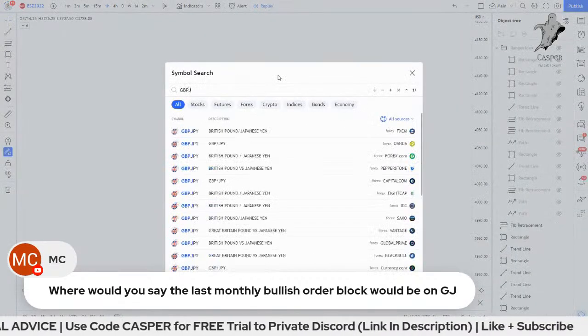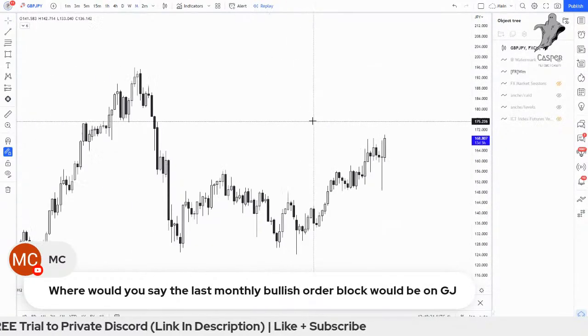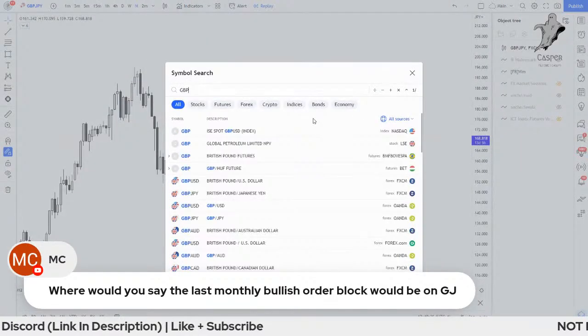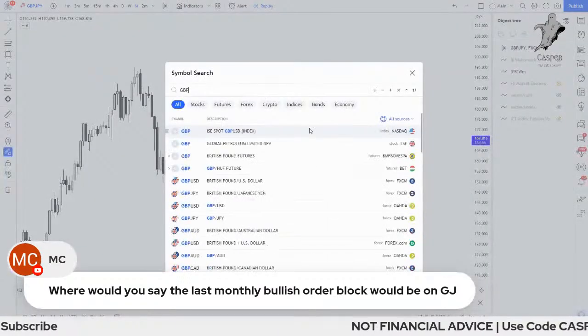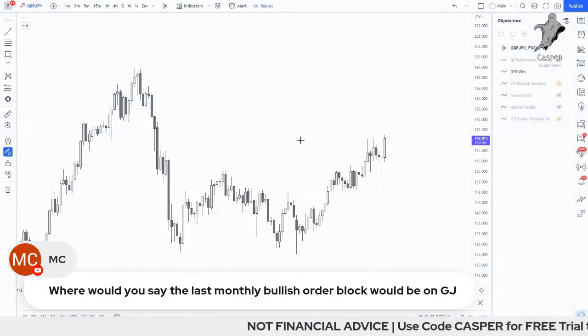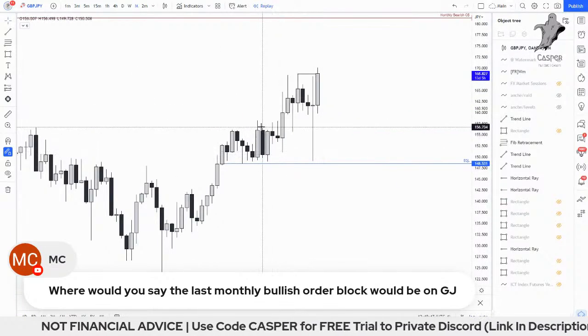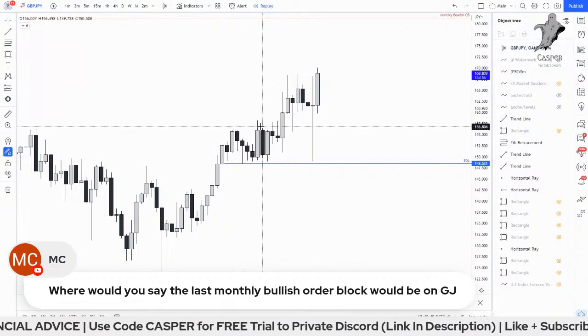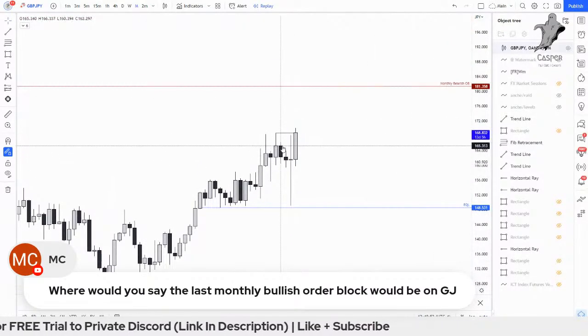BJ, last monthly bullish order block. It's funny you asked that. What are we on? We're not on this one? I would say the last one's already really been capitalized. It was this one. But theoretically, we've traded through this down candle.